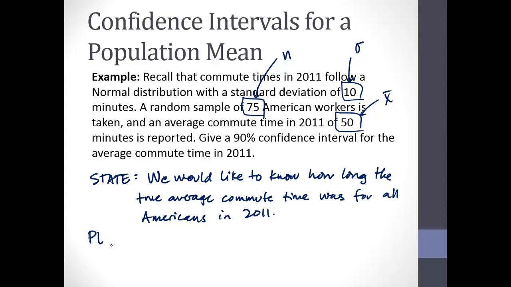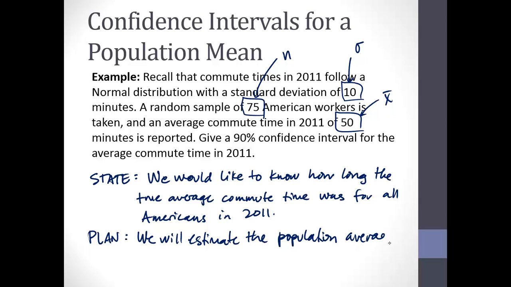And again, this one's obvious because we're in chapter 14 here. But the way that we're going to do that, our plan is that we will estimate the population average commute time with a 90% confidence interval.